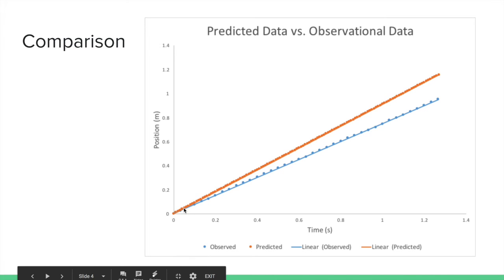The observational model started to slow down and deviate from a constant velocity at about 0.1 seconds. This means that there was a significant amount of friction applying to the ball.